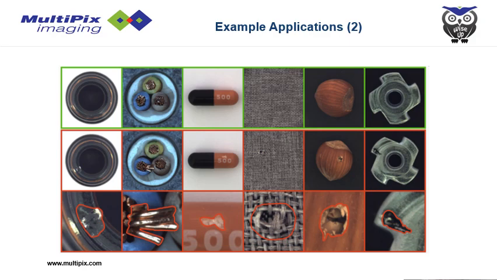The next one across is the nut that we looked at previously with a hole in it, and then we've got a small sort of scratch or indentation in a metallic product. So it shows you there's a lot of variation in those.